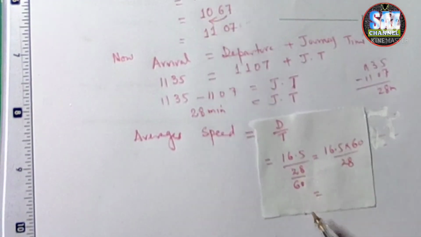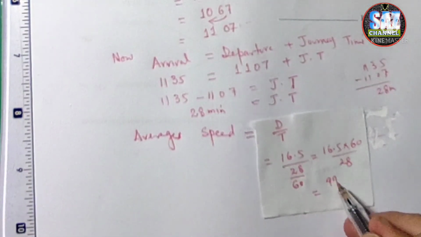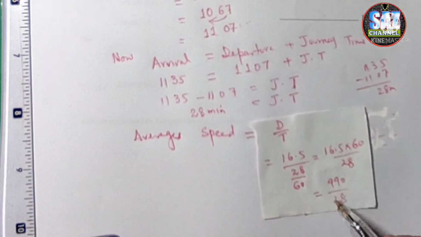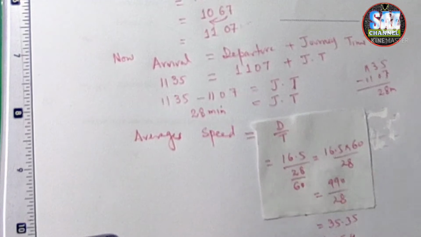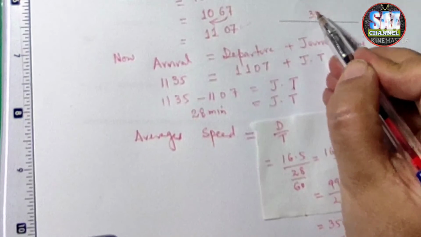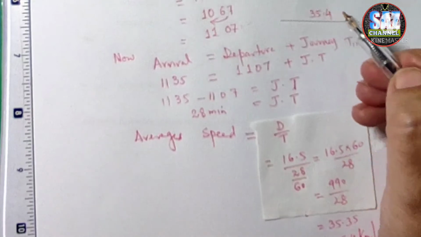And now let me hold the calculator and perform my working efficiently. 16.5 multiplied by 60 gives me 990, divided by 28, and this gives me 35.35 or 35.4, approximately 35.4 kilometers per hour.